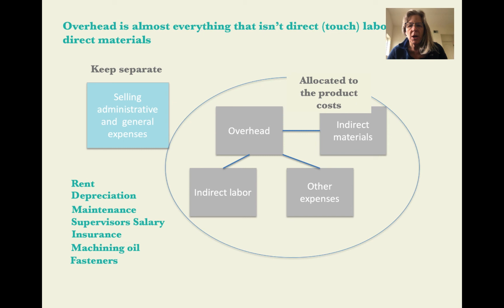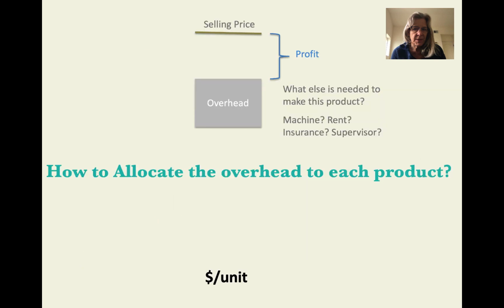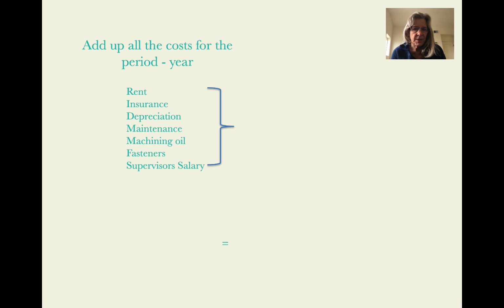You have dollars per year expenses associated with rent, depreciation, maintenance, all of these items. So how do we convert that to a dollar per unit cost? And that's the next question we'll look at. Now, there are various ways of doing this, but we mostly just add them up for a period, usually a year. It could be a month, but it's usually a year.